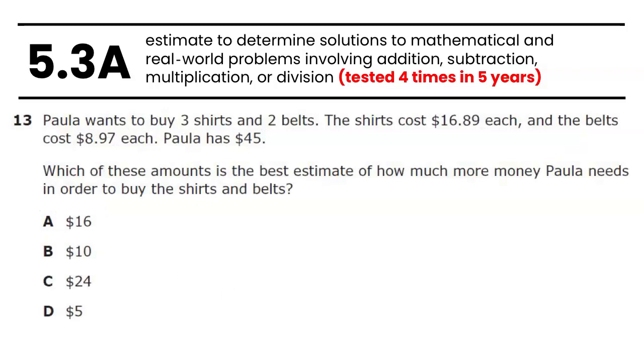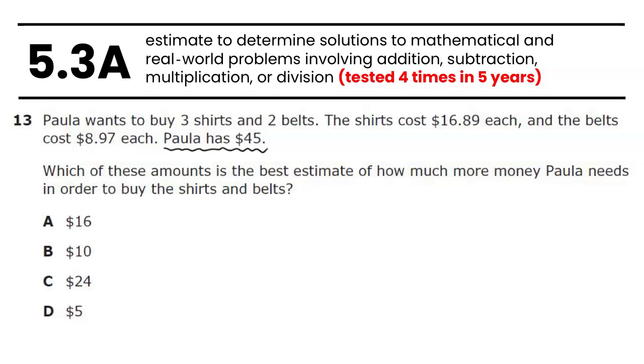This released question says that Paula wants to buy 3 shirts and 2 belts, and we are given the cost of the shirts and the cost of the belts, and told that Paula has $45. We want to know which amount is the best estimate of how much more money Paula needs in order to buy the shirts and the belts.